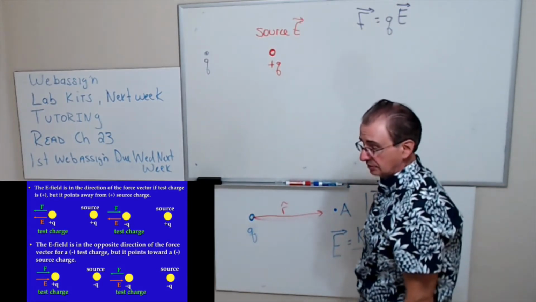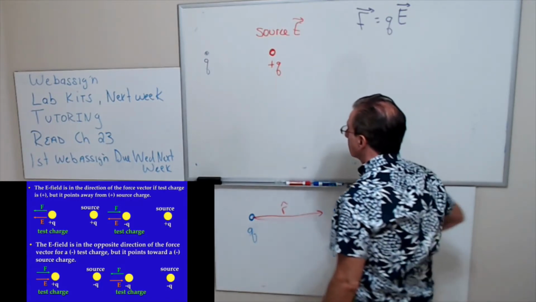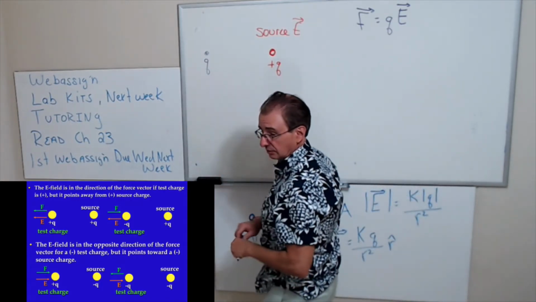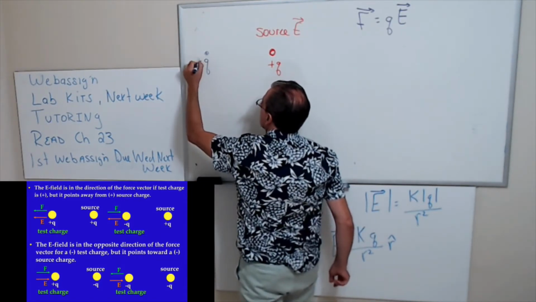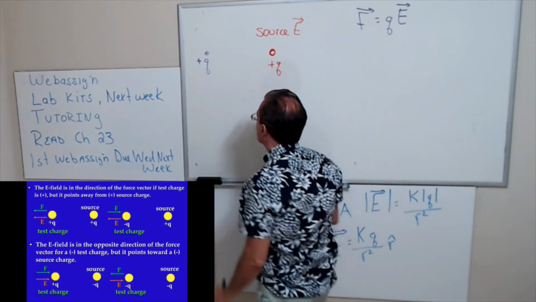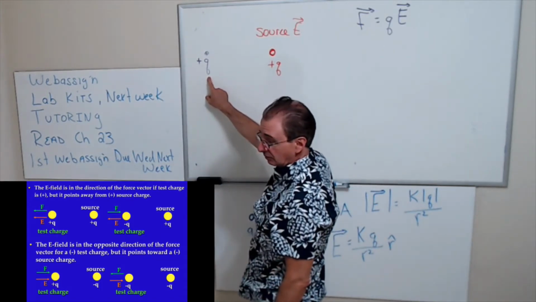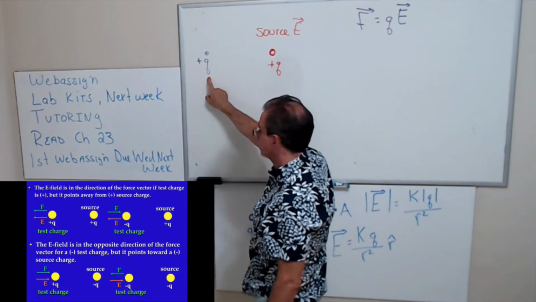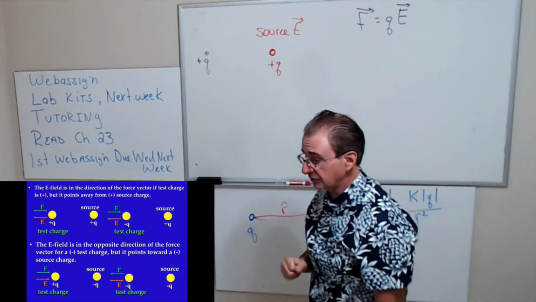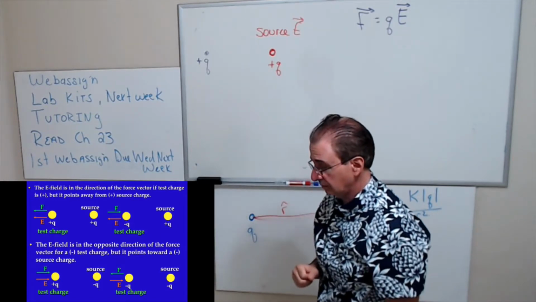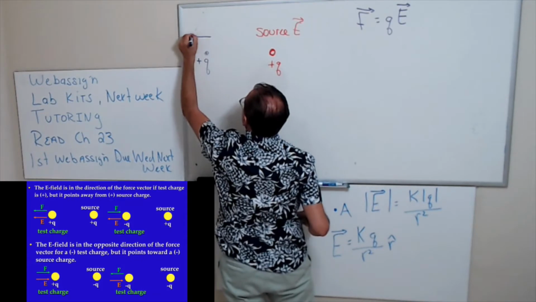It looks like this. Let's say this is positive. Which way is this object going to want to move? It's going to experience a repulsive force, isn't it? And doesn't it want to move to the left? So the force is in this direction.